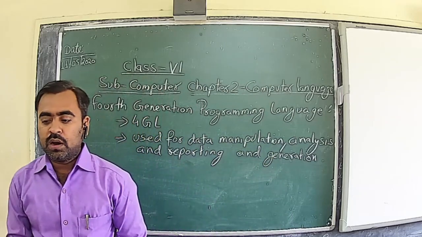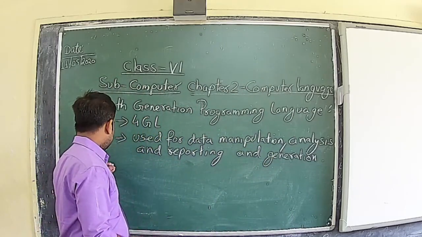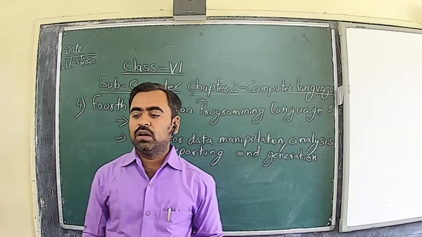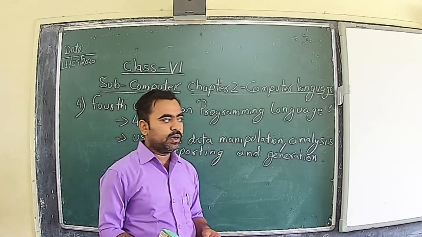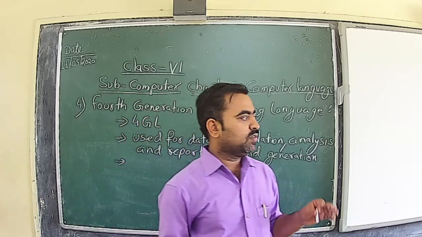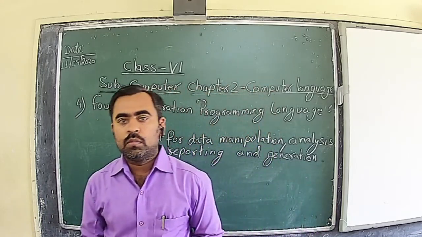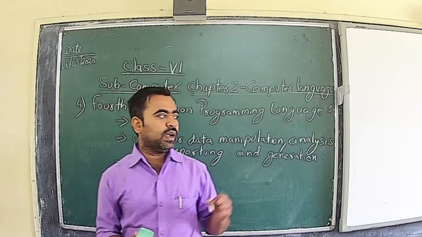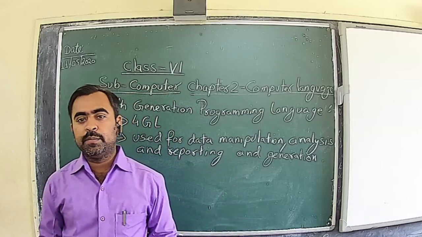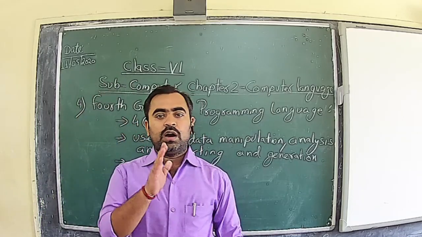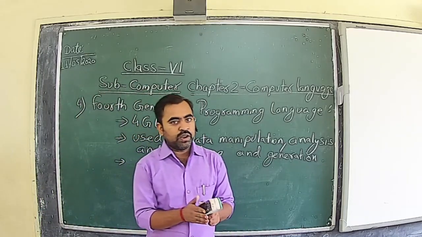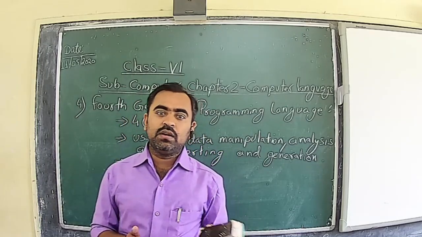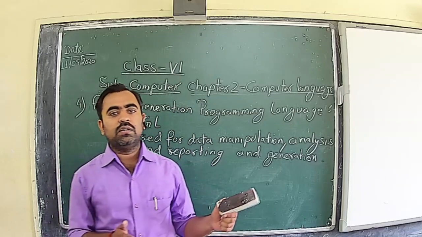Now, a few characteristics of the fourth generation languages: they are portable and platform independent. That means once we create a program using a fourth generation language, it can be easily ported and it is machine independent. If you create software or a program for one set of machines, it can easily run on another machine.